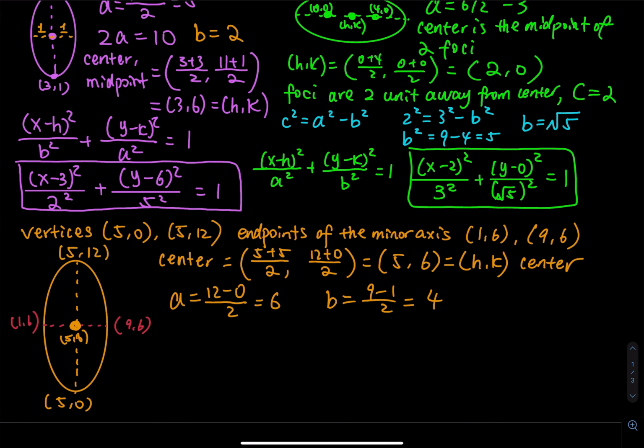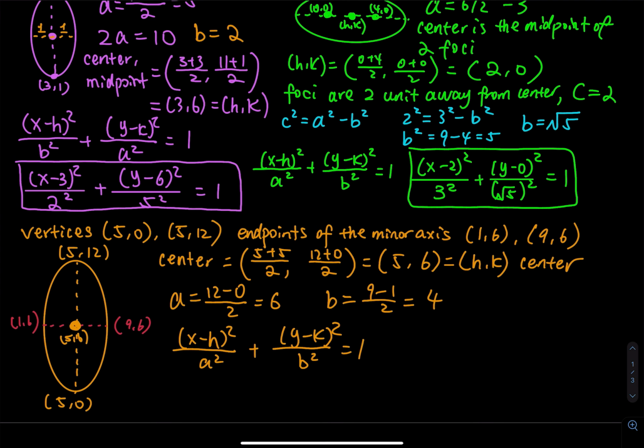I know this is correct because standing at the center, if you go 4 units to the right, you get to 9. If you go 4 units to the left, you get to x equals 1. So now I got a and b, h and k. This is a vertical ellipse. I can recall the formula, which is (x minus h) squared divided by b squared plus (y minus k) squared divided by a squared equals 1.